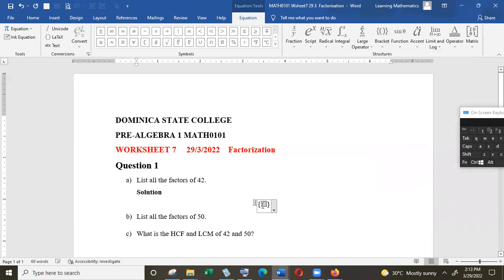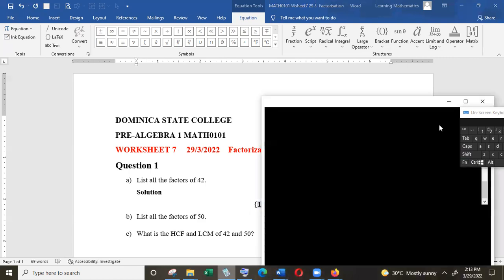One is a factor of all numbers, so you don't necessarily have to write 1, but if you want, you can. Let's write 1, 2. What about 3? We can divide 42 by 3 to see if this is possible.